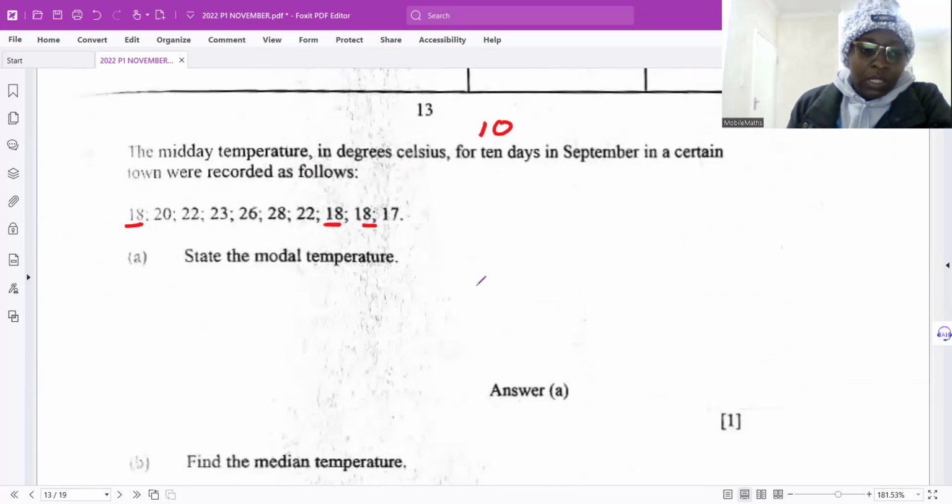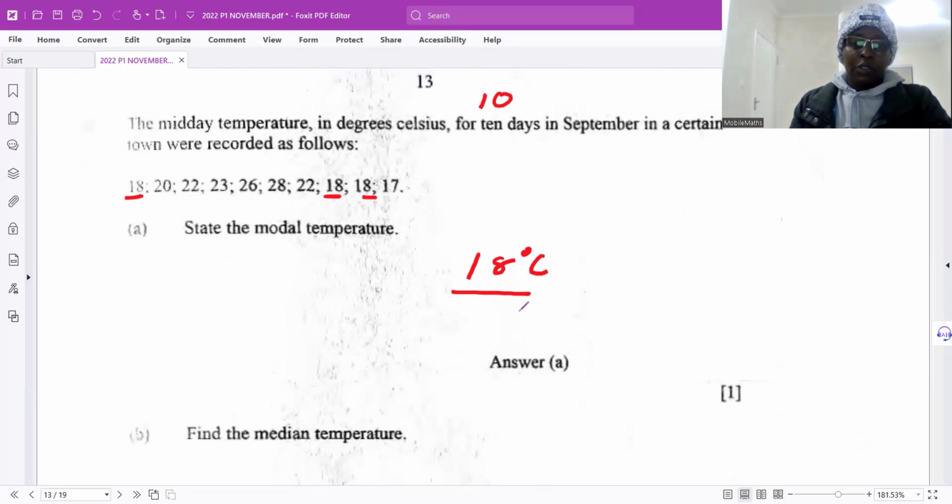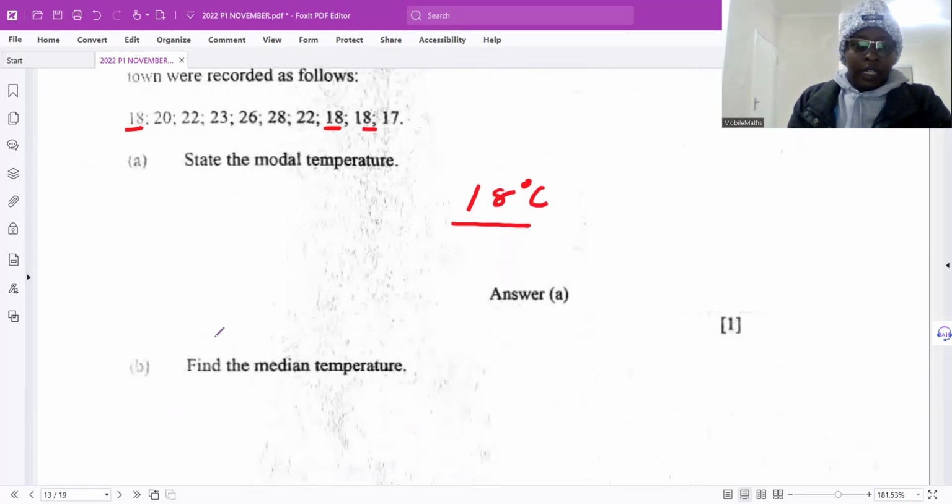So our mode for this one is 18 degrees, okay? Then the median, find the median temperature. To get the median, we rewrite all of these in order. So in order, we have 17, 18, 18, three 18s.